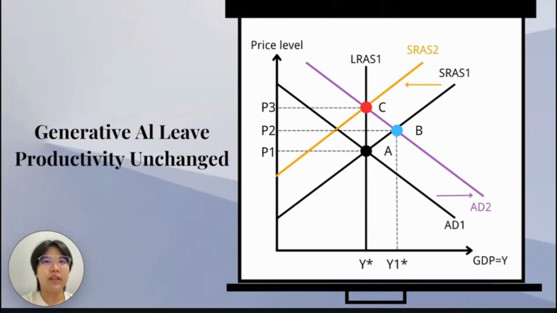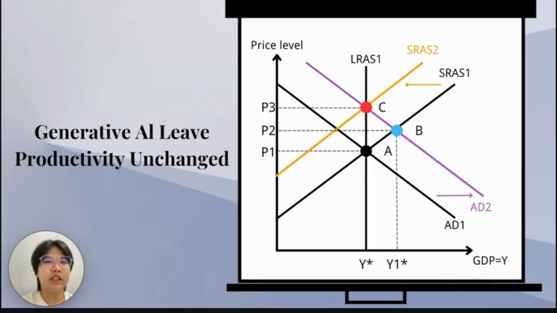Based on the previous analysis that the firms have invested in generative AI, aggregate demand increased. AD1 shifts right to AD2. It turns out that generative AI leaves productivity unchanged. SRAS1 will remain unchanged since productivity remains unchanged. In the short run, the macro equilibrium moves from point A to point B, where output and price levels increase.